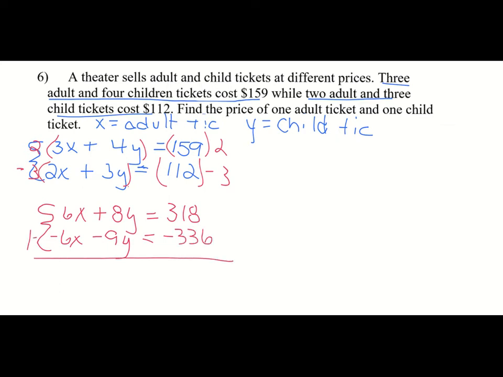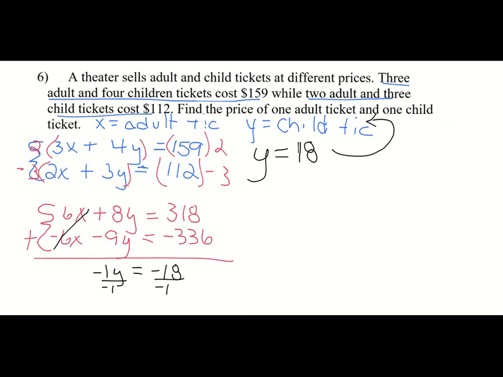And when we add them together, the x's cancel. We have -1y is equal to -18. So to solve this, we're just going to divide by -1. So y equals 18, or the price of a child's ticket is $18.